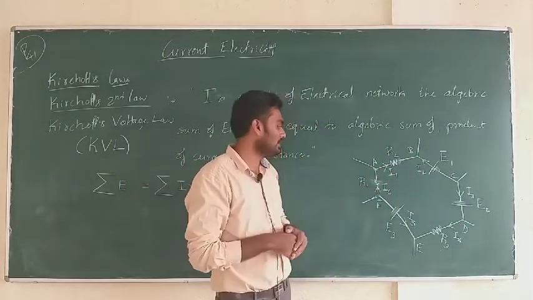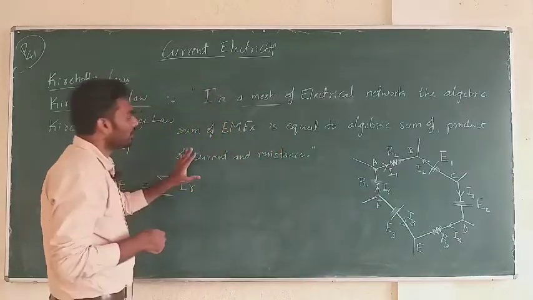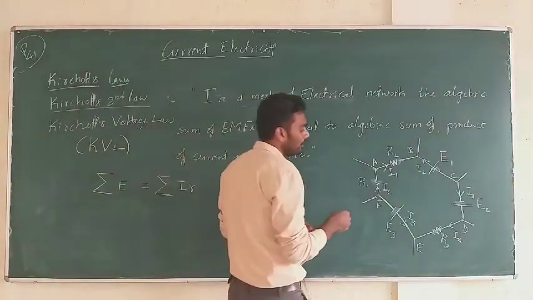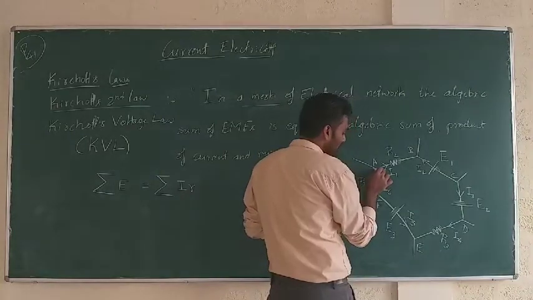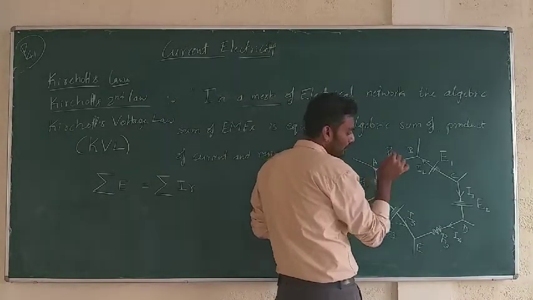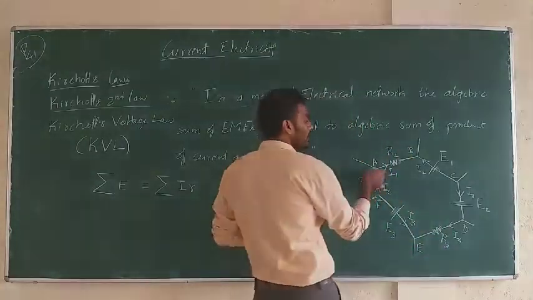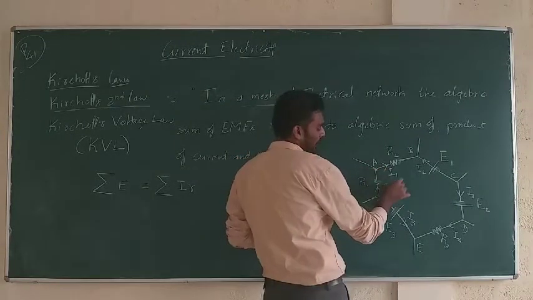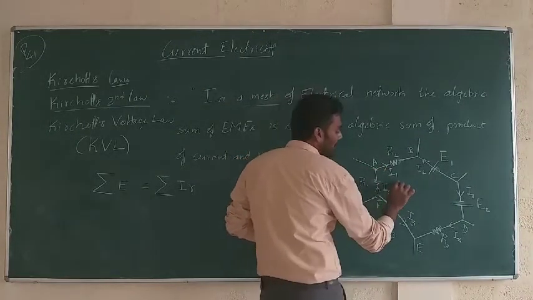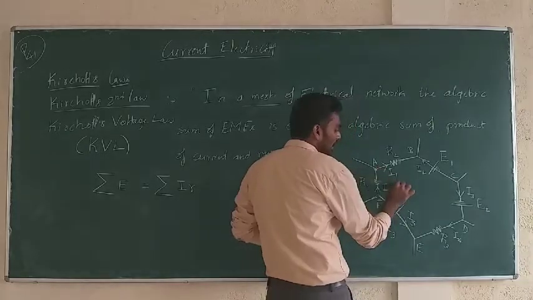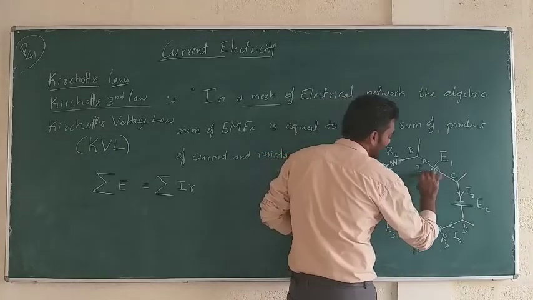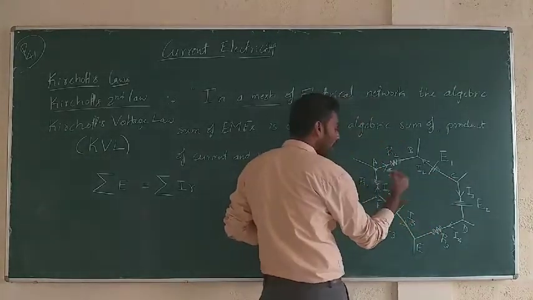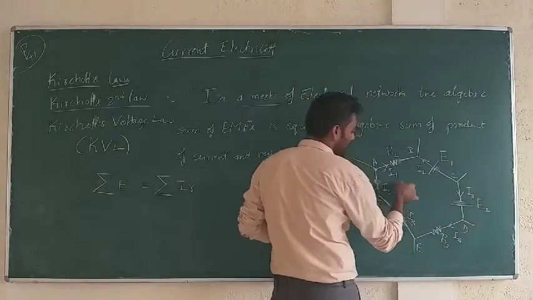Okay, and we'll see. So, what we need to do is we need to consider a particular point. Say, to start with, let me start with the point A, and I should come back to the same point A going either in clockwise direction or in anti-clockwise direction.